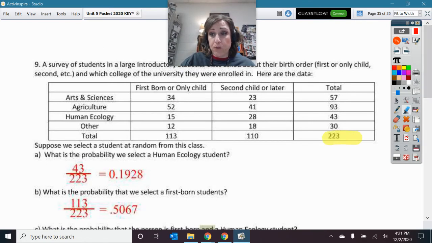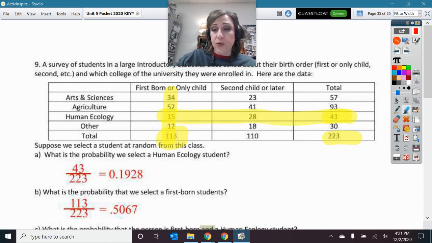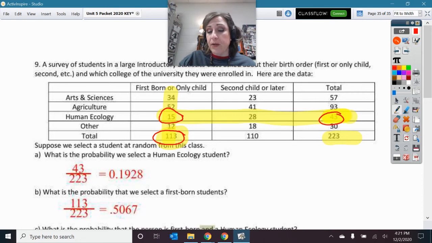So what did it say? Firstborn or human ecology. So that's 113 right here, plus these 43 right here. Well, if you added these 43 plus those 113, these 15 got counted twice. So I can add in the numerator 113 plus 43, subtract 15.